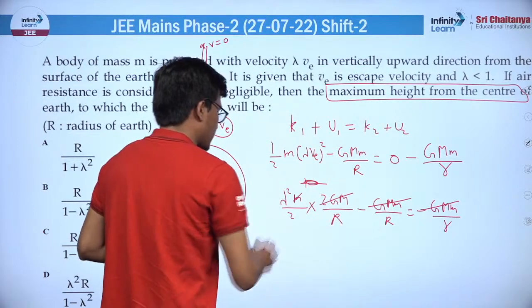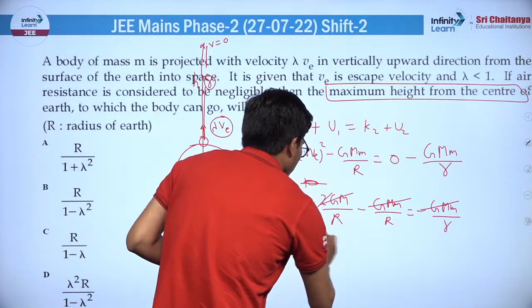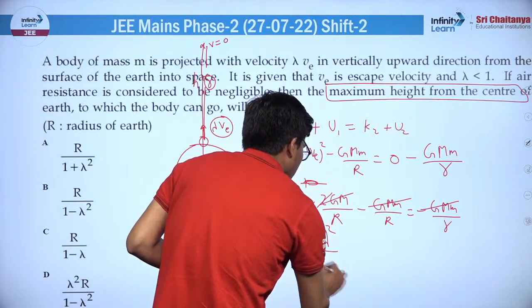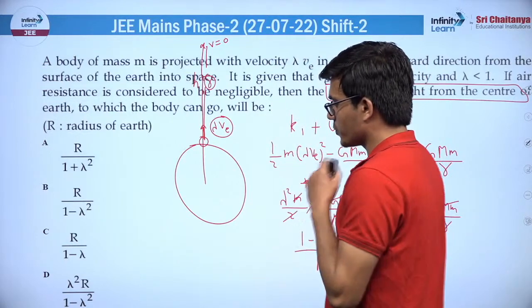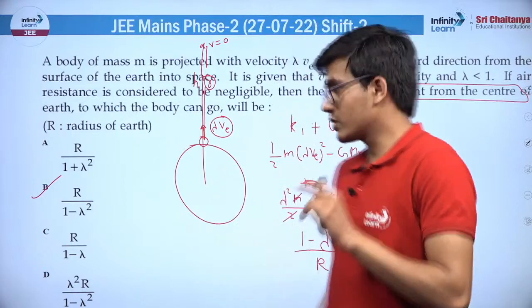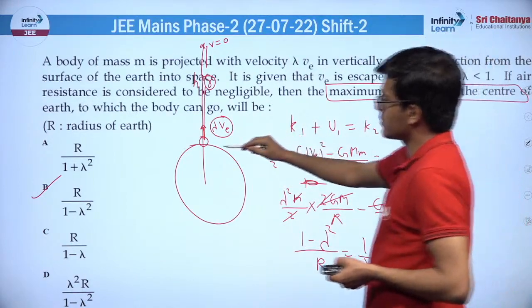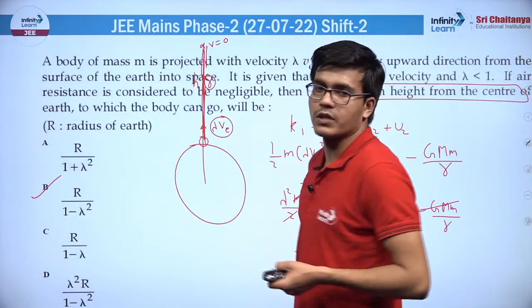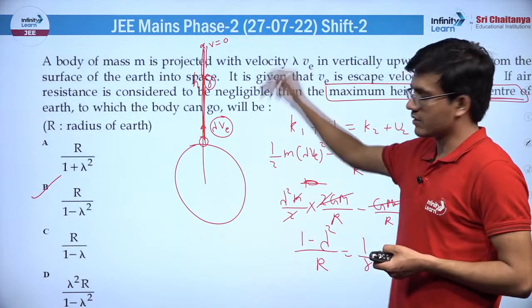This term will get cancelled, 2 and 2 you can cancel, so you will have 1 minus lambda squared by R is equal to 1 by r. So small r value will be R upon 1 minus lambda squared, that is option B. This word was important. Everybody has done this question, but a few students found h only. So read the question properly, they have asked you from the center, that is why I have taken this total distance.